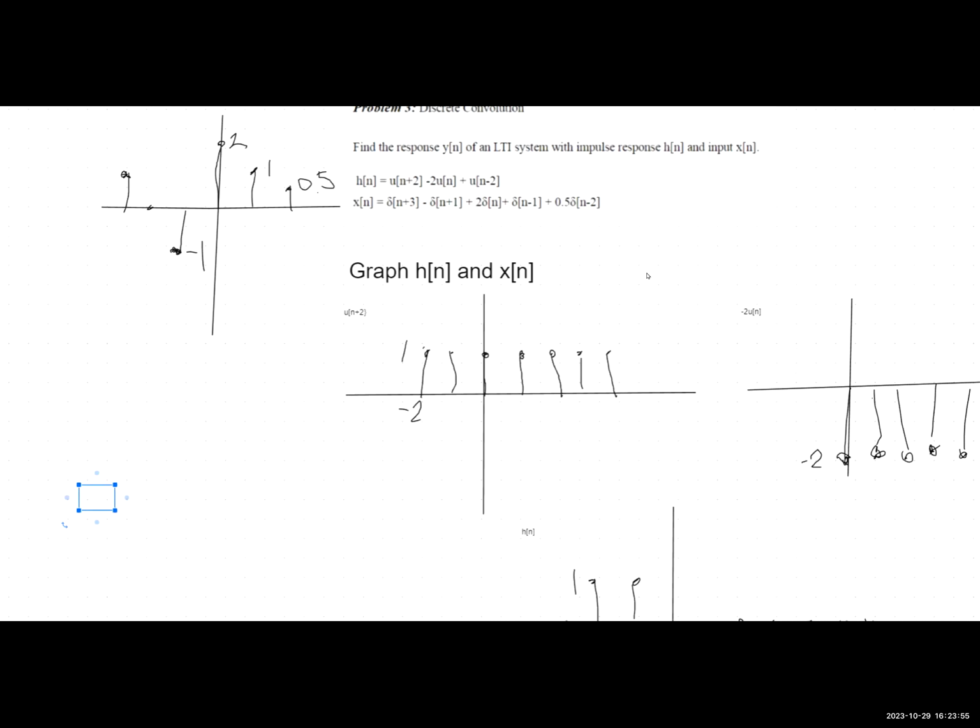So we have h of n plus 3, minus h of n plus 1, plus 2h of n, plus h of n minus 1, plus 0.5 h of n minus 2.